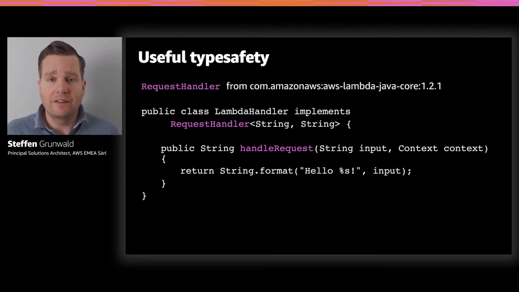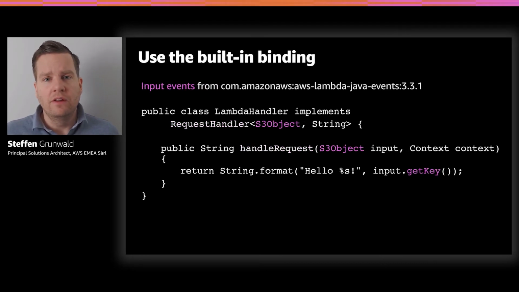I've seen customers having strings with JSON objects, and they are parsing that string in their code to create objects from that. You can do this, of course, but it bloats your code a bit, and you also need some dependencies to do this parsing. What you can do instead is to use the built-in data binding that comes with Lambda.